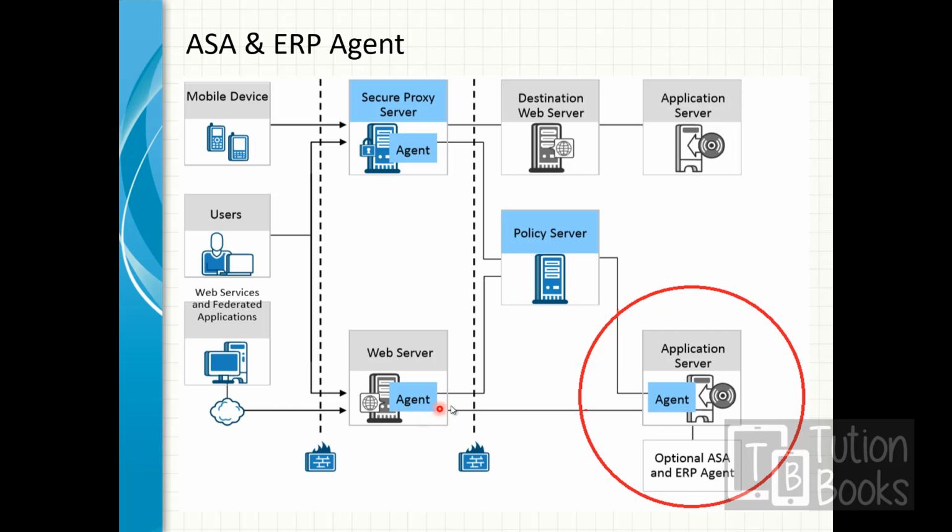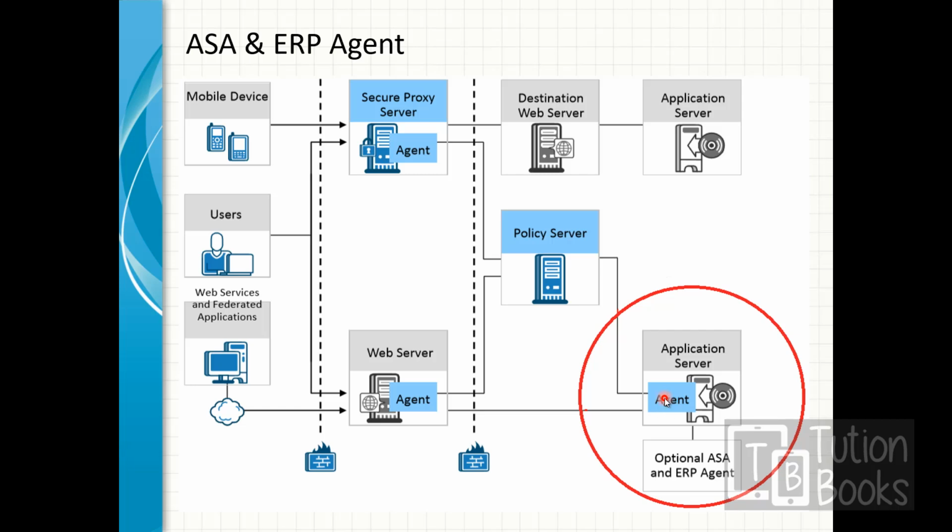So this agent will pass the details to the policy server for authentication. This policy server will again contact the application server agent to find out whether the user is present on the application side and whether the user is authorized on the application side.